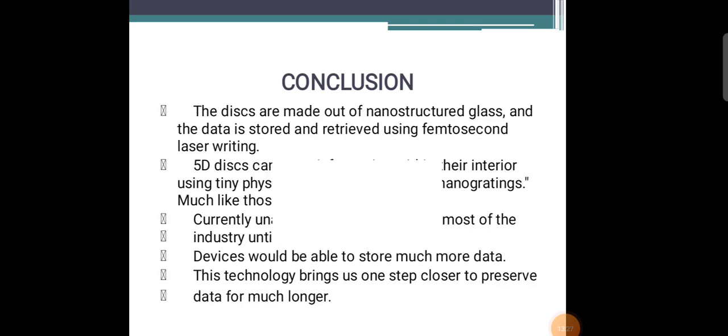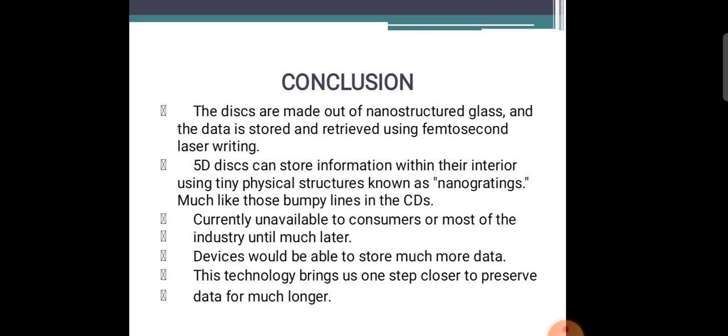Conclusion: first, the discs are made out of nanostructured glass and the data is stored and retrieved using femtosecond laser writing. Second, 5D disks can store information within their interior using tiny physical structures known as nanogratings, much like those bumpy lines in CDs.